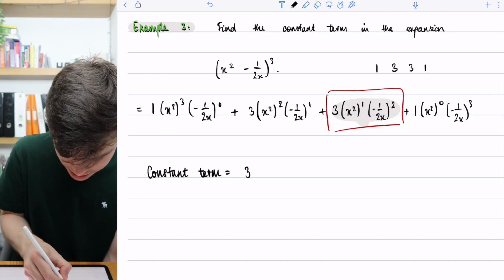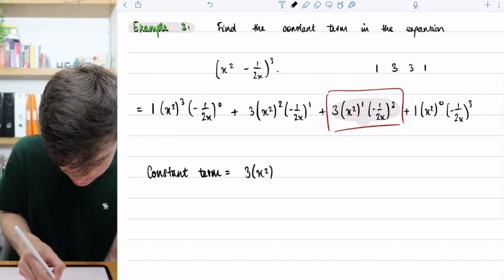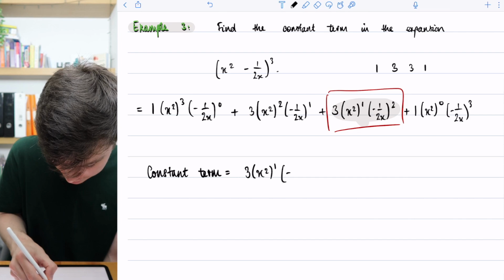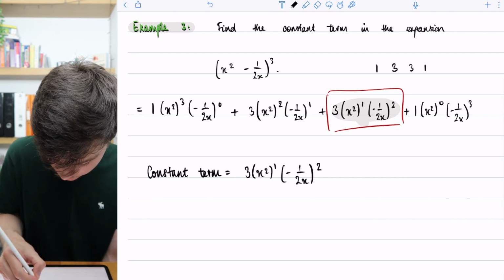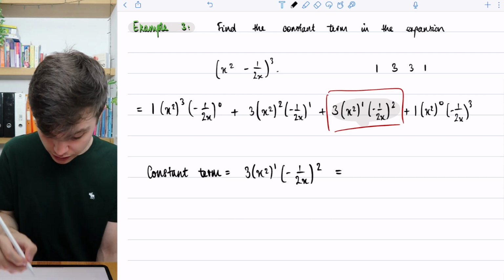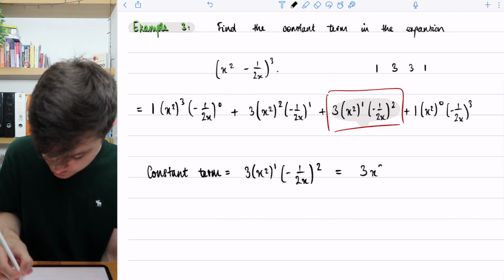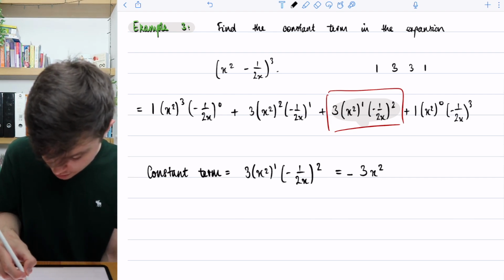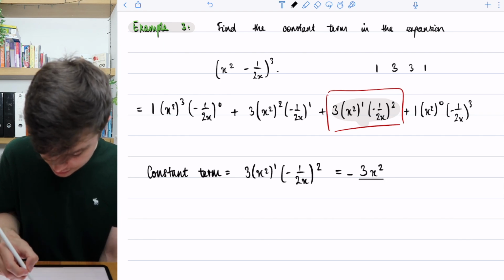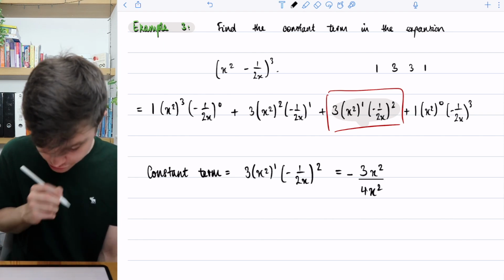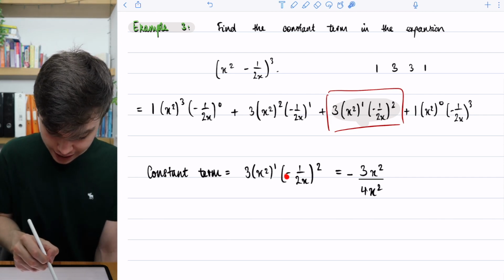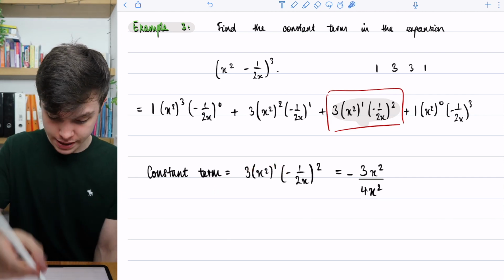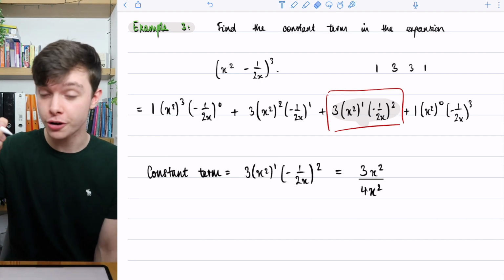So we'll have 3 times x squared to a power of 1 times minus, don't forget your sign, 1 over 2x all squared. We'll have this, we'll have 3x squared, and it's going to be a minus, and we're going to divide by 4x squared. Hopefully you can see what I've done there. I've brought that negative out to the front, oops, but then it's squared, so it's actually not going to be there.